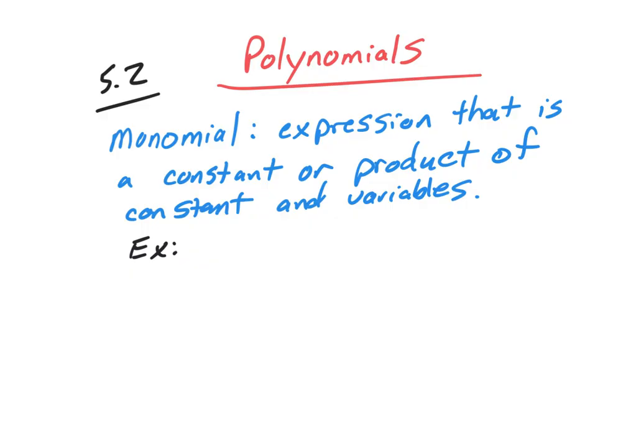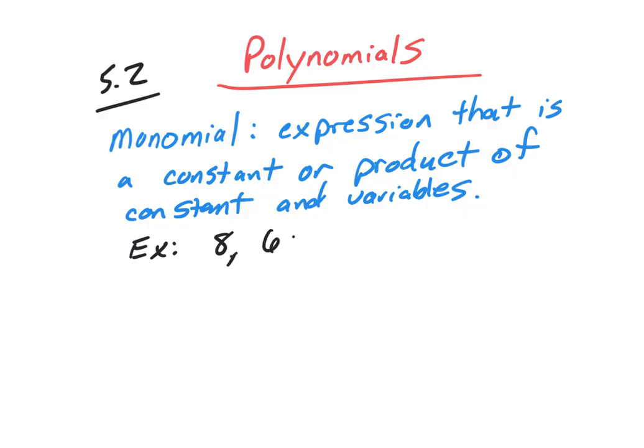Like 8, right? 8 is always 8, like any number. Any number is a constant, yeah? And here's why it doesn't change, because it doesn't have a variable, right? Variables make things change. Variable means to change, and 8 will never change. 8 is always 8. So any number all by itself is considered to be a constant.